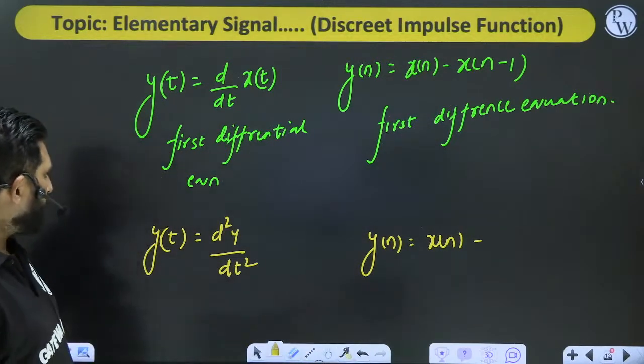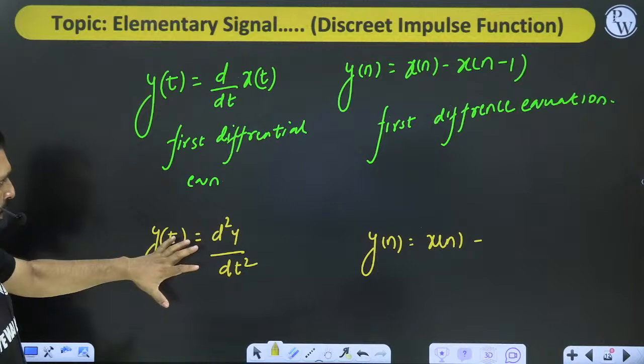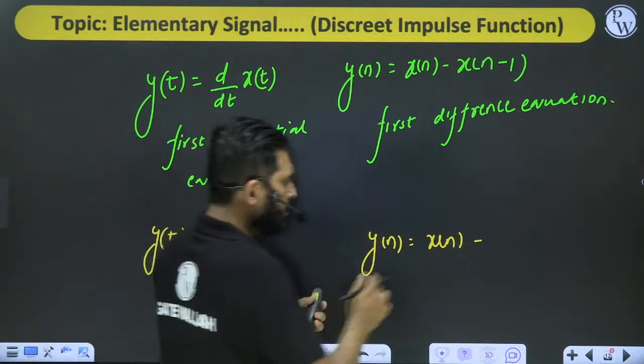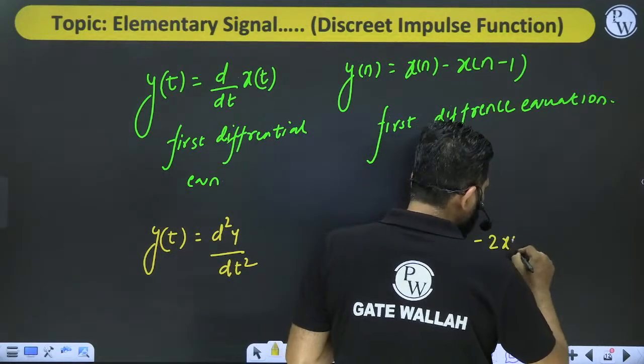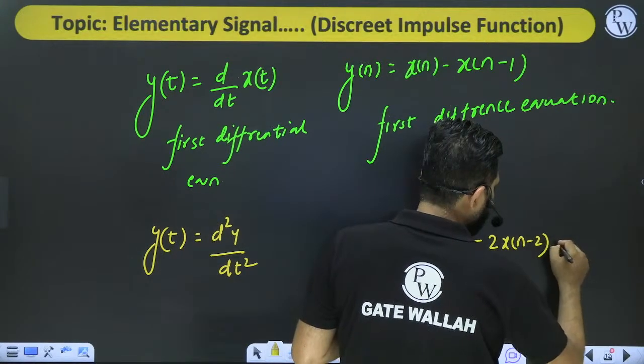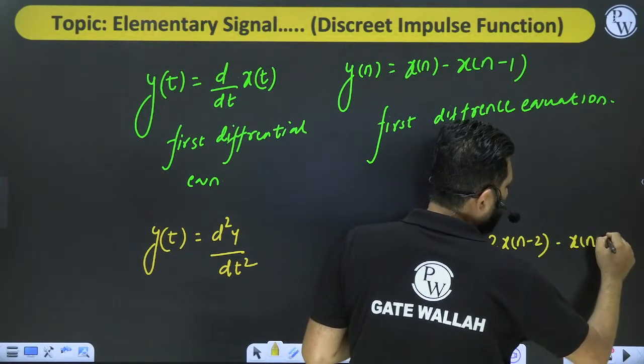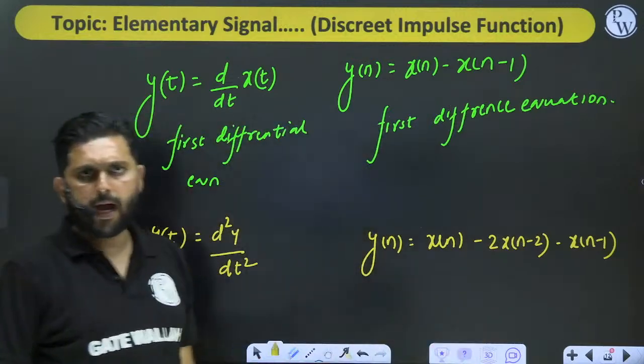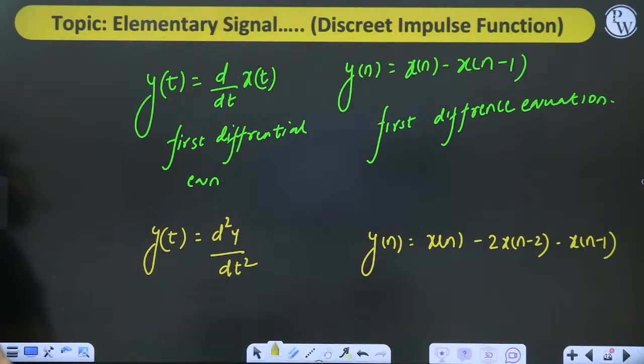How will you find out? See here, x[n minus 2] minus x[n minus 1]. Check it please. Check the coefficients please. I am giving you homework to derive this function, though you can easily derive it.